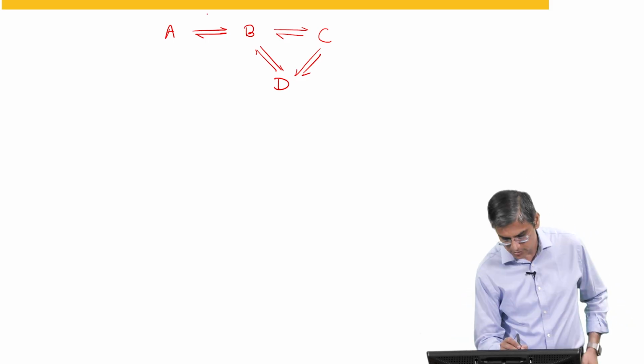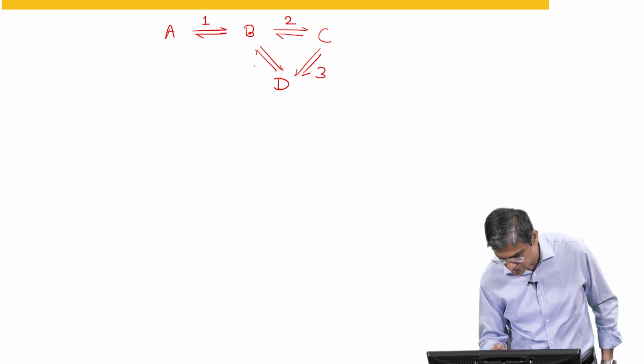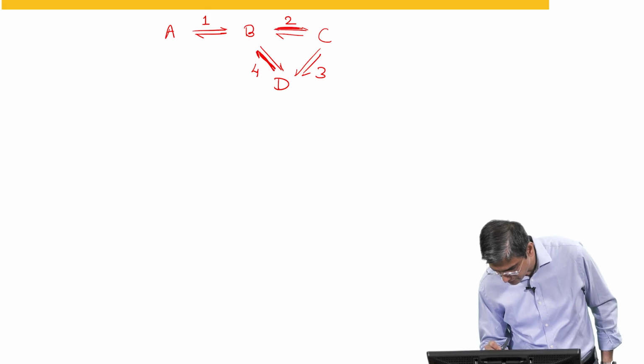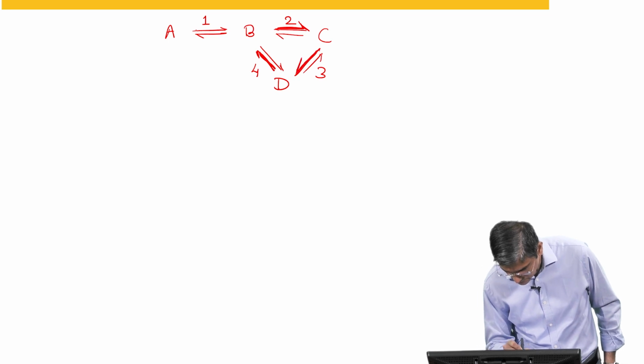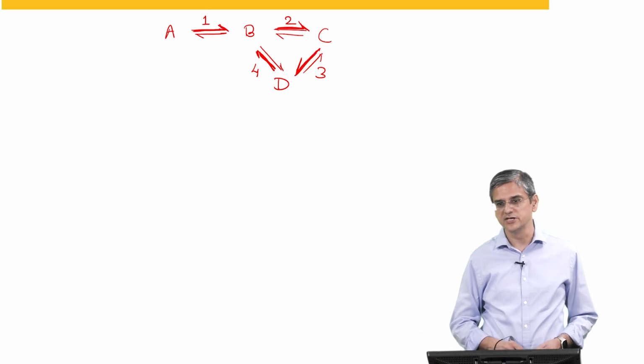Let's say this is reaction 1, this is reaction 2, this is reaction 3, this is reaction 4. I will make the arrows thick in the direction of forward. So, thick arrows is RF, thin arrows is RB.